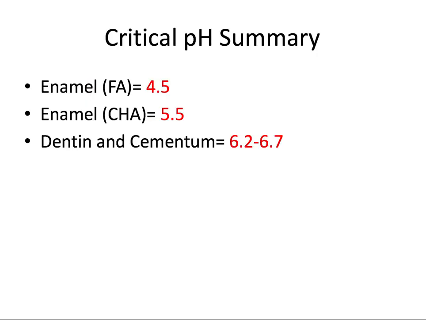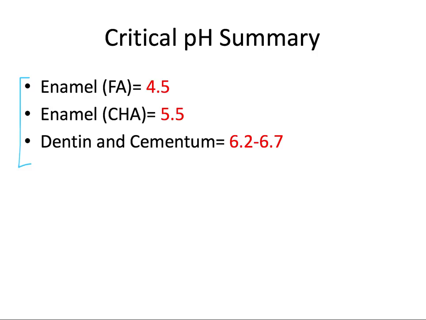Also important for the board exam, I've mentioned the first 2 in passing, but just to give you a nice snapshot of these really important numbers to know. Enamel that has fluoride, fluorapatite, that's a 4.5. It's our best critical pH. Carbonate substituted hydroxyapatite is at 5.5.